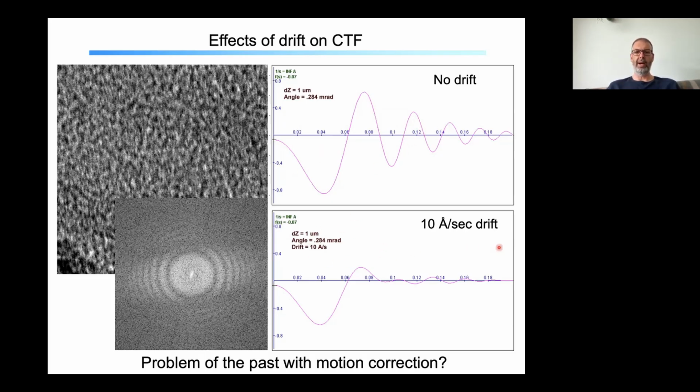But then as soon as we start adding drift, particularly as most of the time when you're doing CTF determination, you radially average these power spectra, you can see that you get a loss of signal at higher spatial frequencies. But again, a lot of these effects are, how should we say, reduced with the motion correction that we can now do with the direct electron detectors, as long as you remember to turn off the turbo pumps on your microscopes.